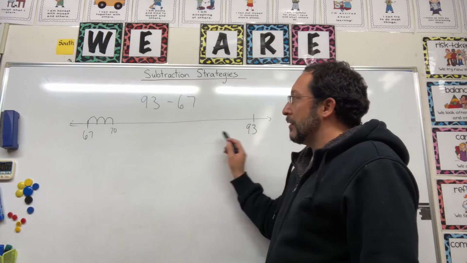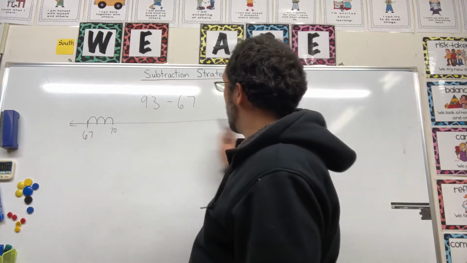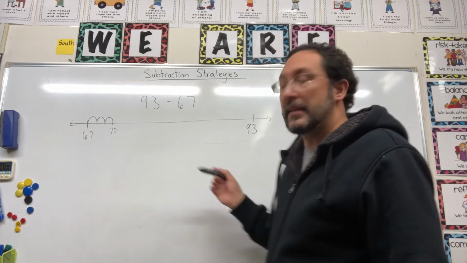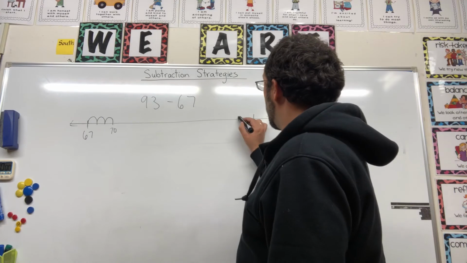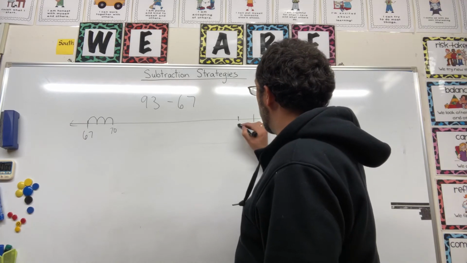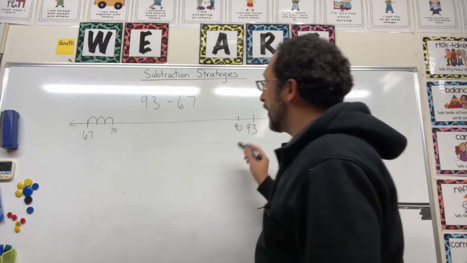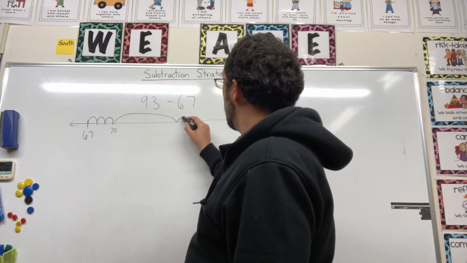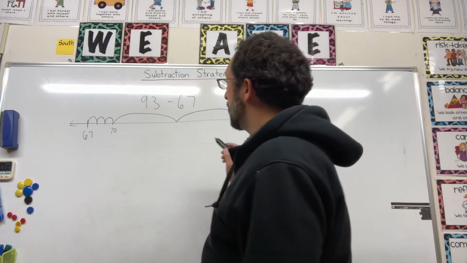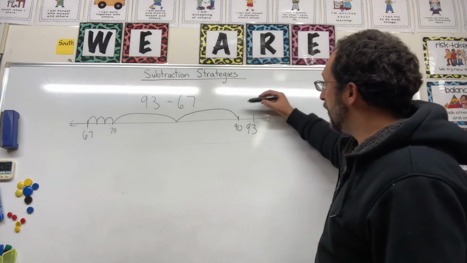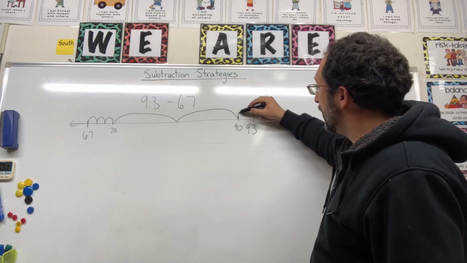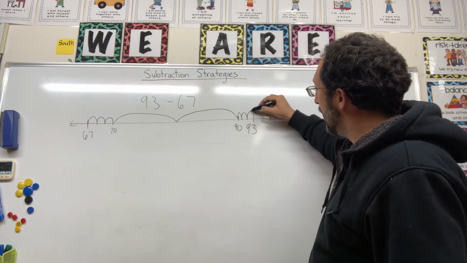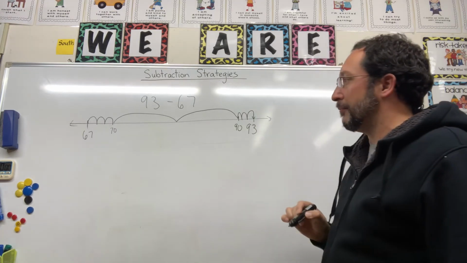Now, if I go from 70 and I want to get to 93, my closest 10 before I get there is going to be 90, right? So I'm going to go from 70 to 90, and I know that there's one 10 here, that's 80, and then to 90. So we've got our two 10s, and then we count up. So 90, 91, 92, and gets us to 93.